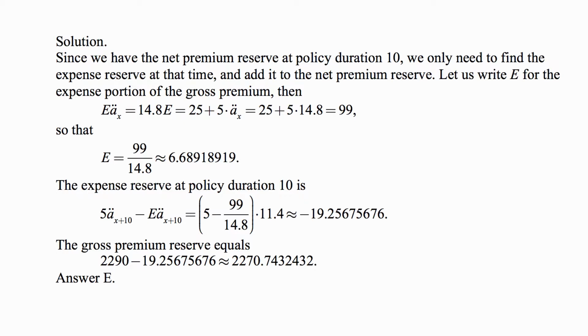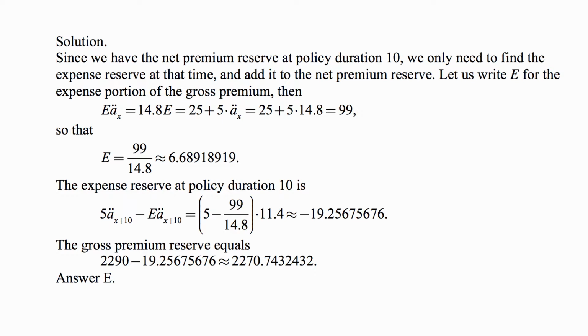So we can view this as an extra expense of 25 in the first year and 5 in every year of the policy, and the actuarial present value at policy inception of that is 25 plus 5 A double dot X. And again, we know that A double dot X is 14.8, so we plug it in, and 25 plus 5 times 14.8 is 99, so that E is equal to 99 divided by 14.8, which is approximately 6.6892, or 980 divided by 148.